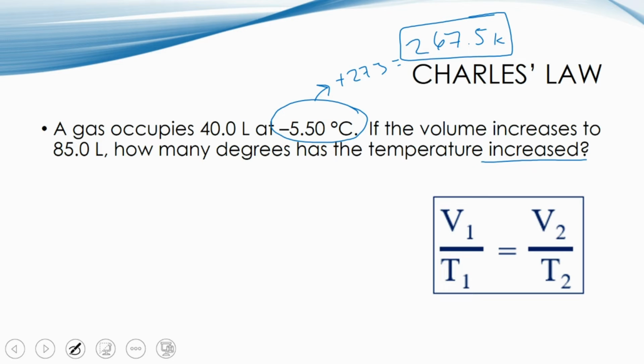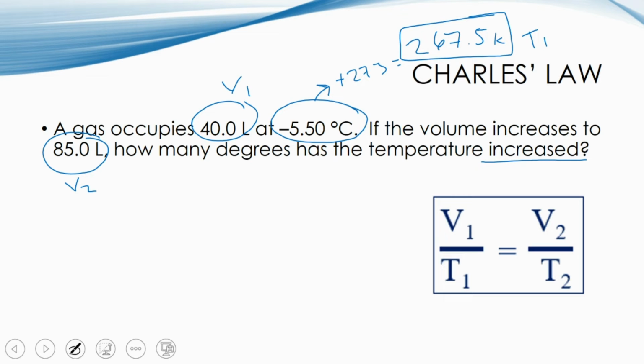And specifically because the question says a gas occupies, that's our initial. So that would be our T1. The volume is going to be V1. We are told that if that original 40 liters is increased to 85 liters, which is now our V2, we are now looking for the temperature, how much was increased.